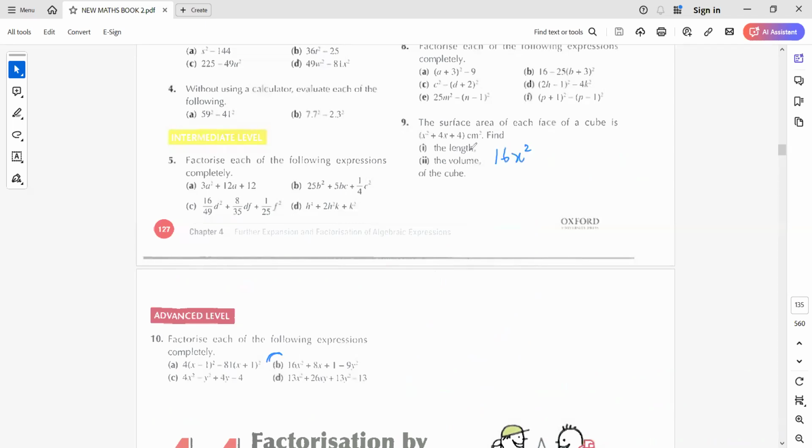16x squared plus 8x plus 1 minus 9y squared. Okay, what we need to observe is that these three terms look like the three terms of a plus b whole squared, like a squared plus 2ab plus b squared, which can be written as a plus b whole squared, but at a later stage.